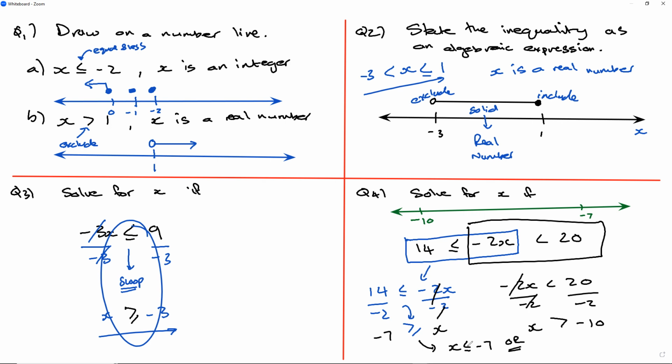And I can see it's less than or equal to -7, so we put a dot there. It's strictly greater than -10, so we put an open circle there. And then we combine the two. Okay. All right, and that's going to be my x-axis over there, or x number line.